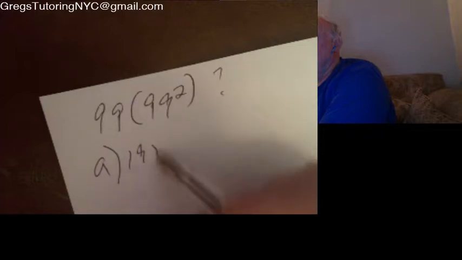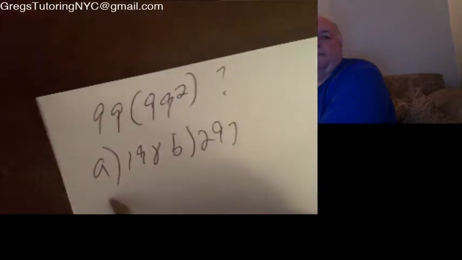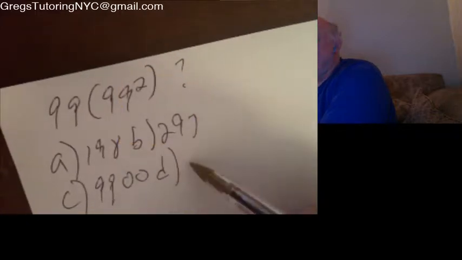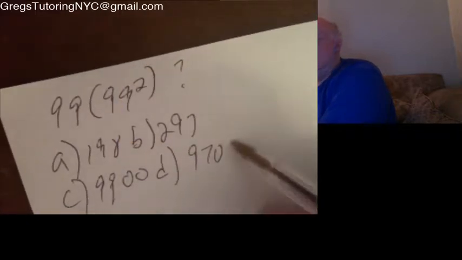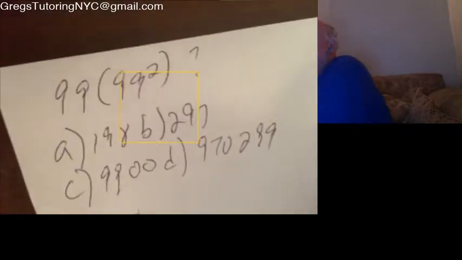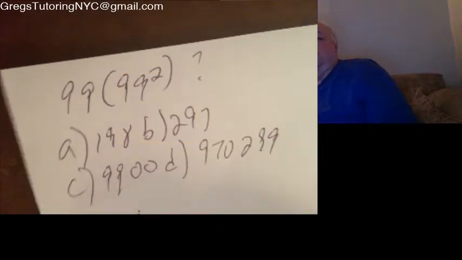And I'll give choices. A is 198, B is 297, C is 9900, and D is 970299. This is a good one to pause the video on and try to get going.